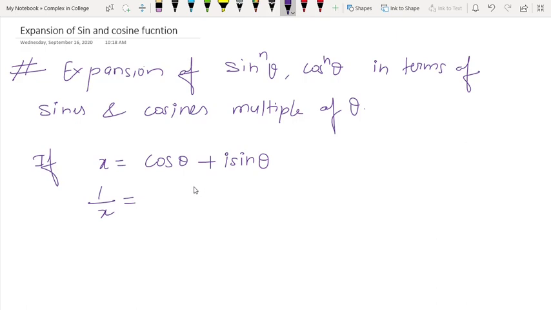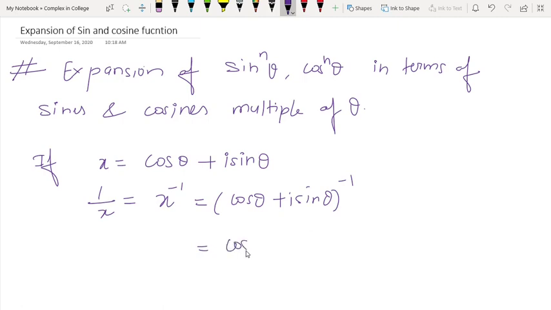What is your opinion about 1 upon x? 1 upon x is nothing but x to the power minus 1. Now if I put the value of x, that is cos theta plus i sine theta raised to minus 1, we can apply De Moivre's theorem here.